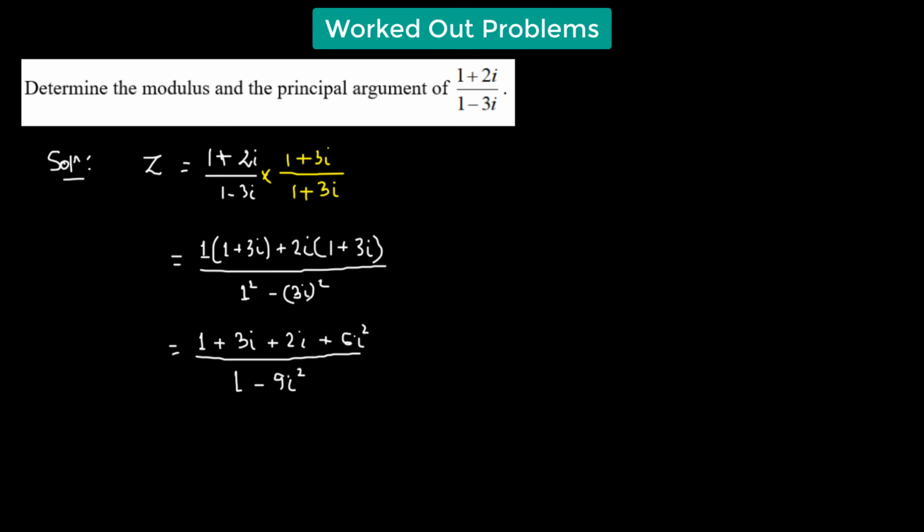And that gives us 1 plus 5i minus 6, because i squared is -1, divided by 1 minus 9 times -1, which gives us plus 9. So we have z equals 1 minus 6 is -5, plus 5i, divided by 10.